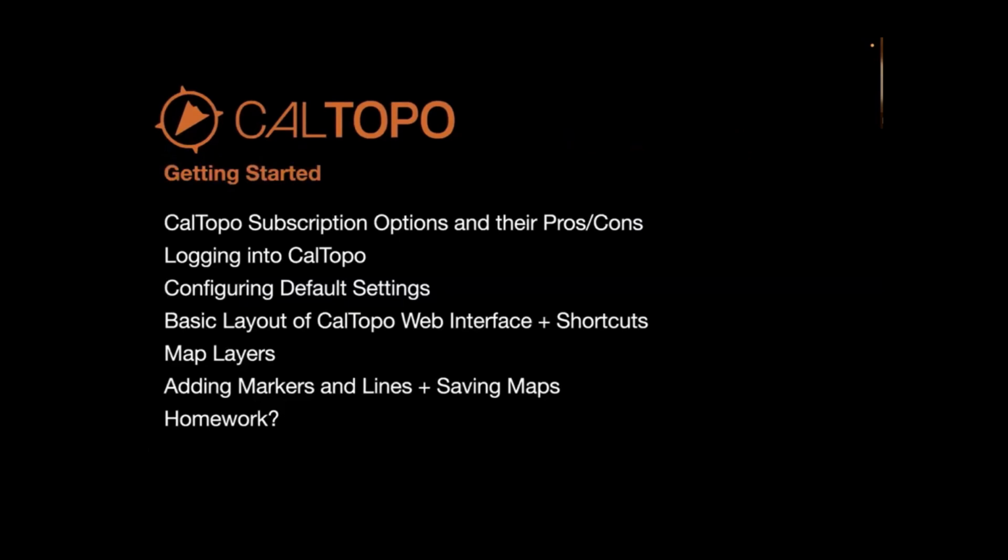So quick thing, what we're going to do tonight is we've obviously already looked at subscription options, and we'll look at logging in, some basic settings that you probably should double check, where everything is laid out in CalTopo, the base layers that I think are the most useful, and then adding markers and lines, which is pretty much what we are going to be doing anytime, and saving your maps.